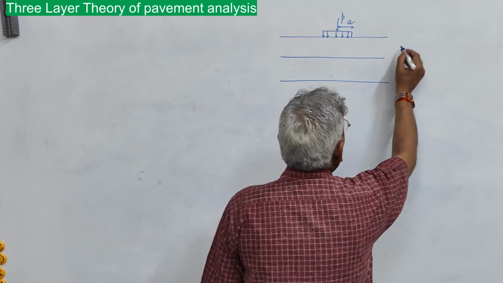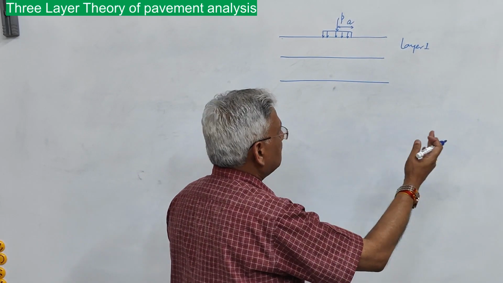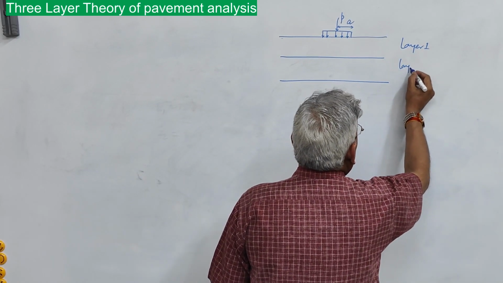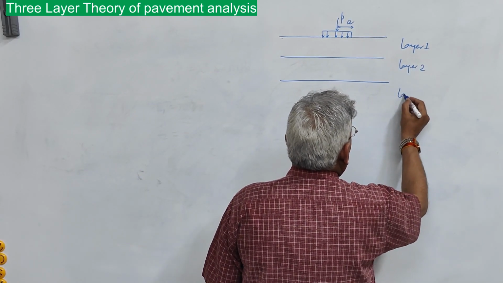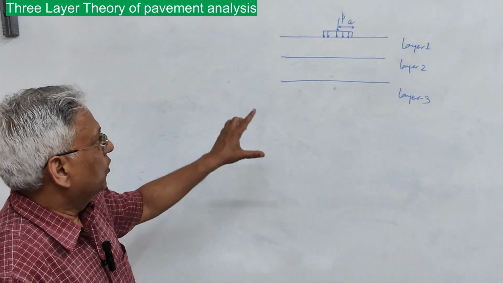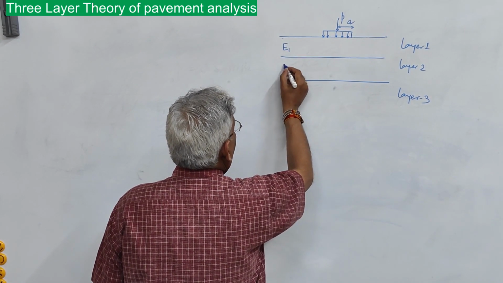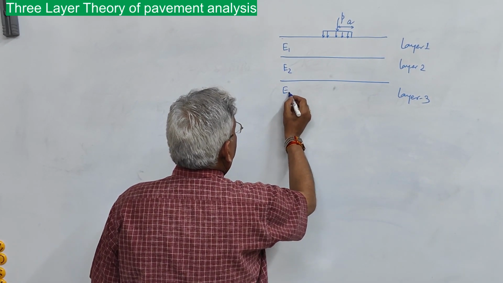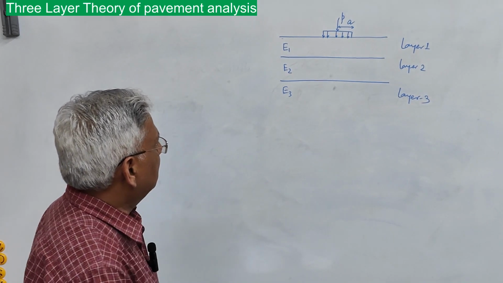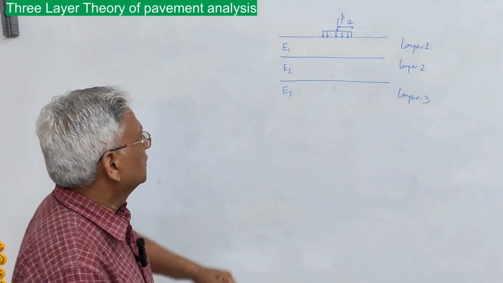having a pressure P on a loaded area with a radius A. Now this is the first layer, layer 1, which is of bituminous material. This is layer 2 and this is layer 3. Each layer has a certain value of E, that is E1, E2 and E3, and the modulus of elasticity will decrease with the depth.